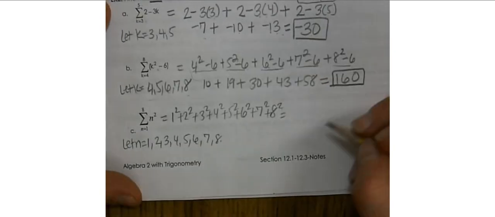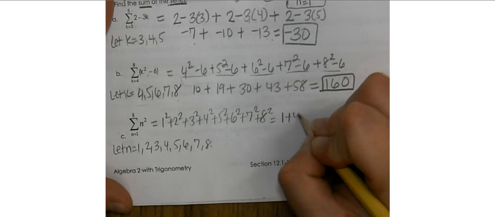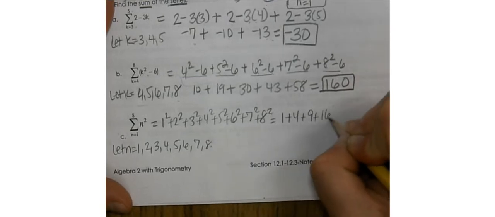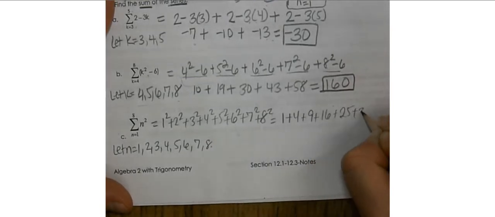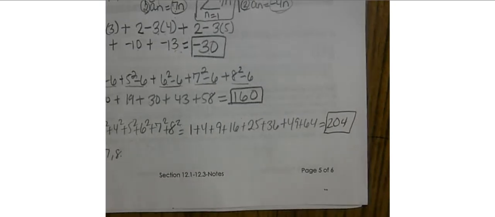And that is really adding together 1 plus 4 plus 9 plus 16 plus 25 plus 36 plus 49 plus 64. And if you were to add all of those numbers up, you would end up with the number 204. And that is the sum of our series, as well as the end of this lesson.